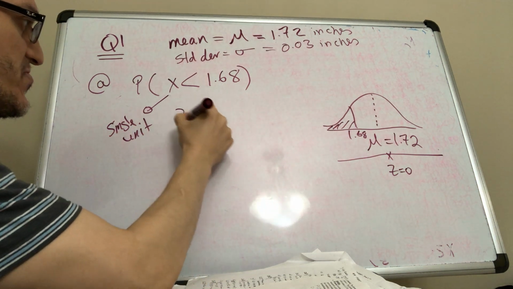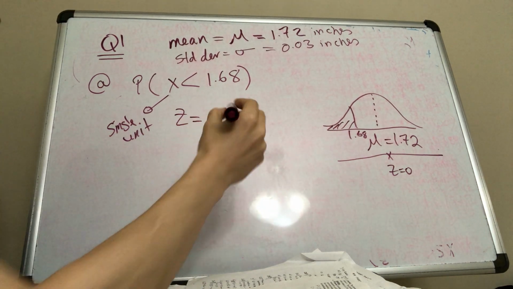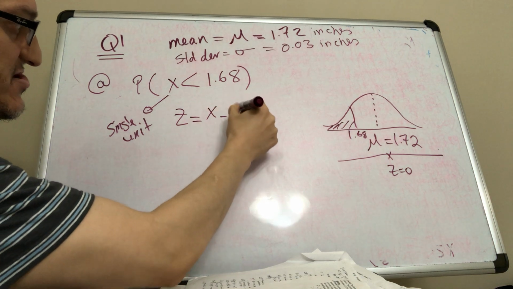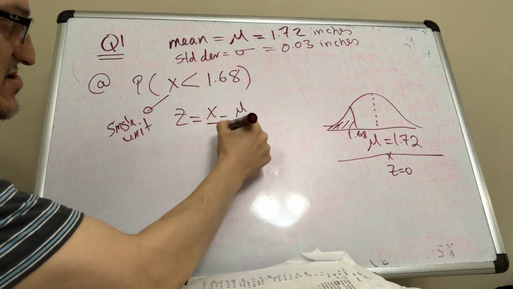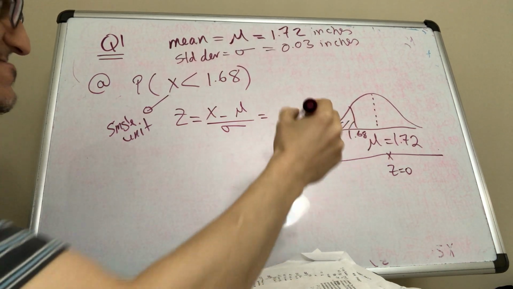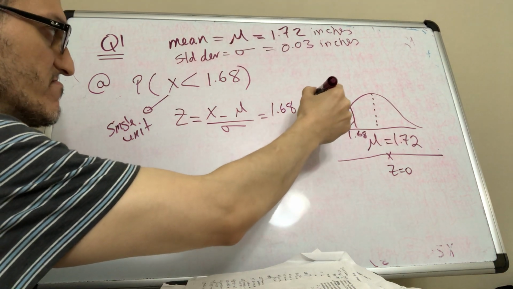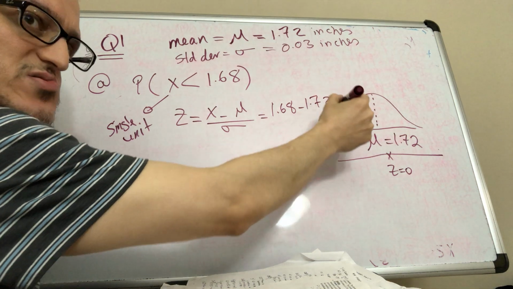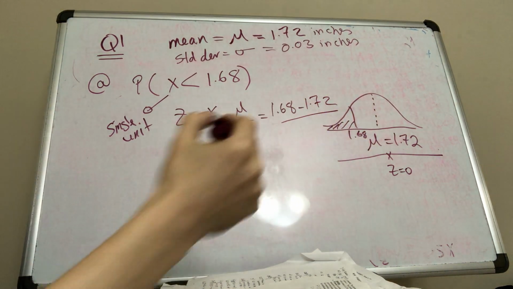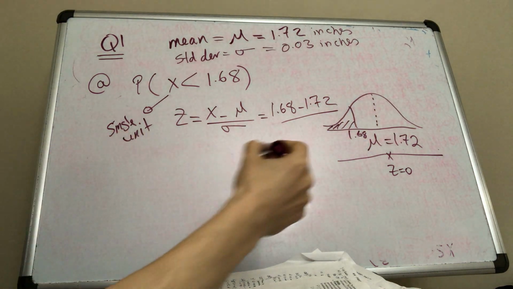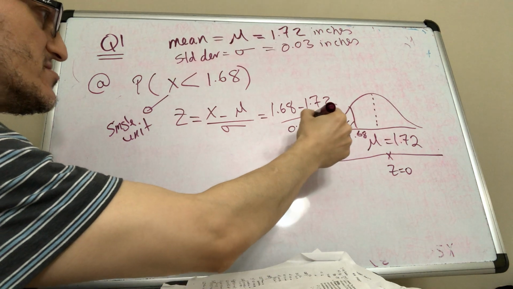So the formula for a single unit is (x minus mu) over sigma. So it's 168 minus 172 over 0.3.